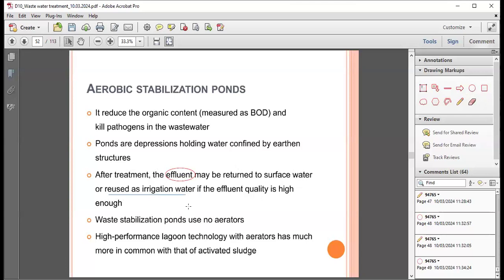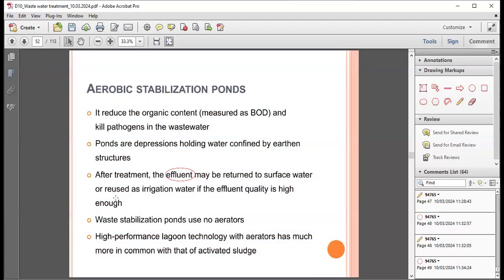After the treatment of sewage water, it can be sent out as the effluent. Effluent means the water removed, the sewage treated and sent out. That's the effluent.